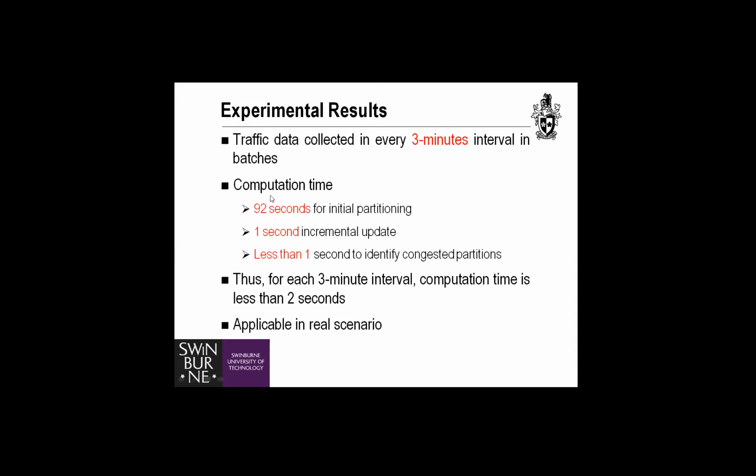For the computation time, the initial partitioning takes our method 92 seconds to partition the considered network. After that, the incremental update of partitions takes 1 second, and less than 1 second to identify the congested partitions among all the generated partitions using the statistical measures that I explained before.